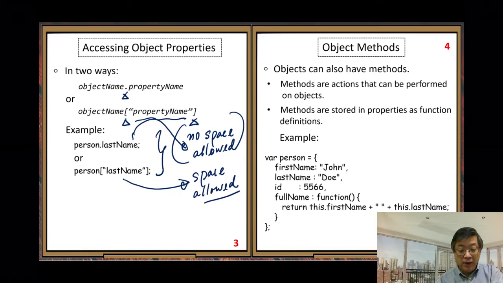For example, we define the variable person equals an object. In this object, the first property is simple, we can understand easily. The second, simple, we can understand easily, right? The third, pretty easy, right?